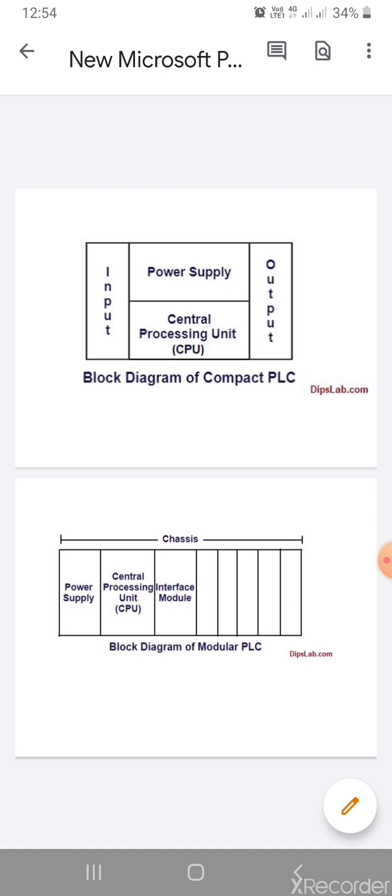Now, considering the size, the compact PLC is smaller in size, whereas the modular PLC occurs in a larger size with the input-output connections, power supply, computing capabilities and input-output pins, etc. Then the cost: the compact PLC is economical, whereas the modular PLC is costlier as compared to the compact PLC.